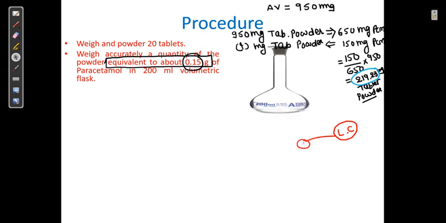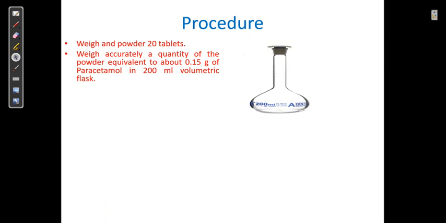Let us see the procedure next. That 219 milligram of tablet powder you need to weigh on the weighing balance and transfer into a 200 ml volumetric flask.